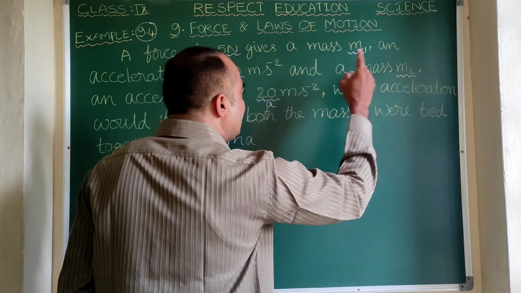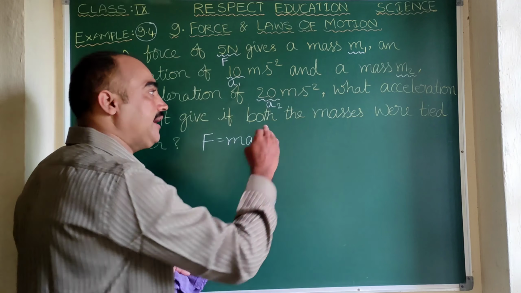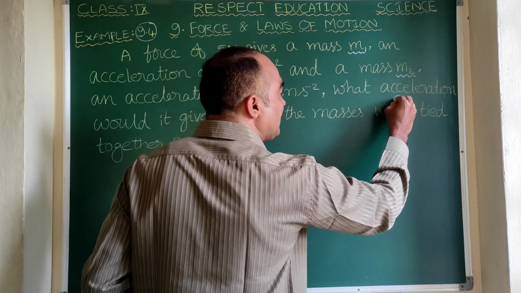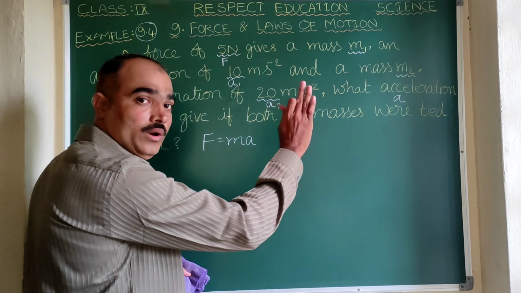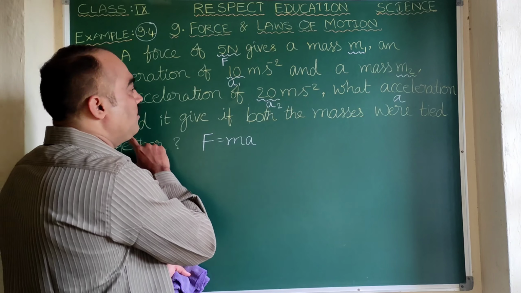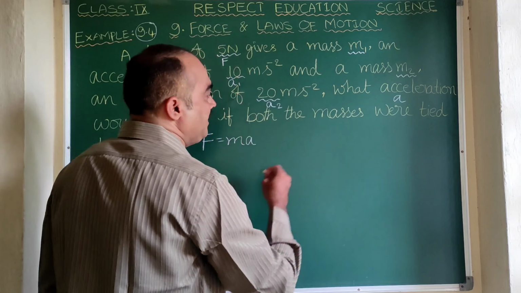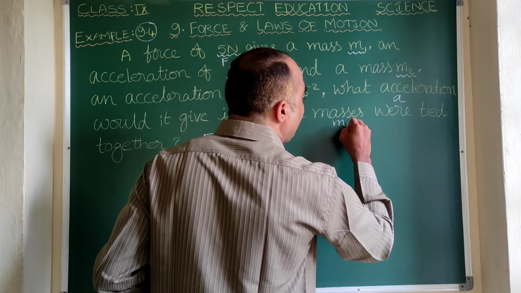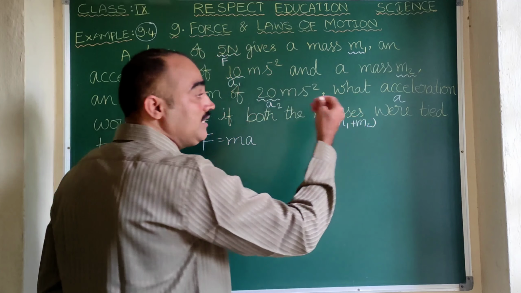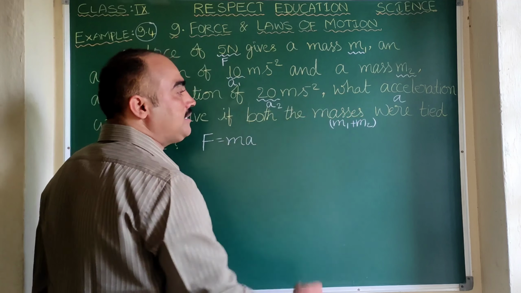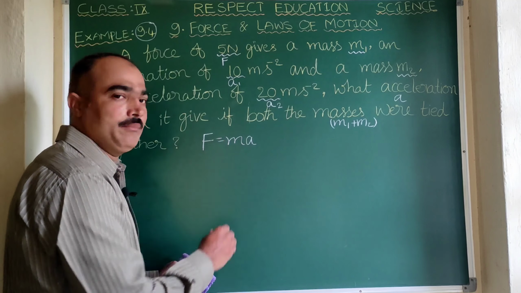As it is m2, let us consider this as a2. Now we need to find the acceleration. Let us consider the resultant acceleration as only a. If these two masses are tied together, they are combined, so the mass of the combined object is m1 plus m2. The basic formula is F equal to ma.